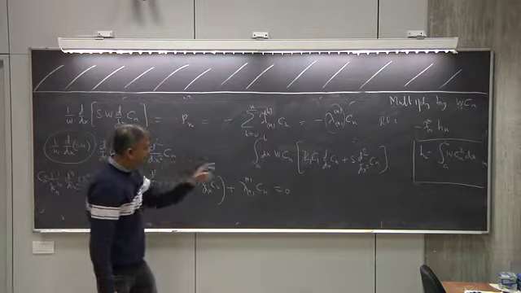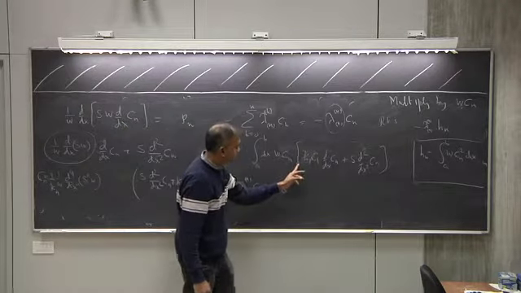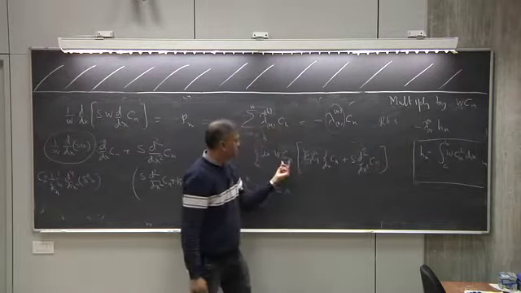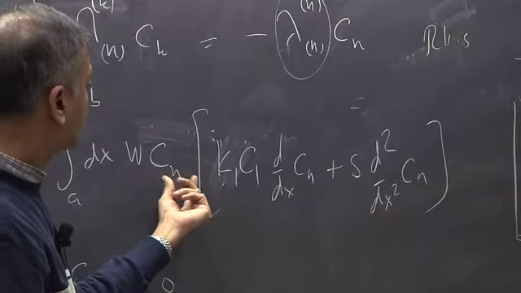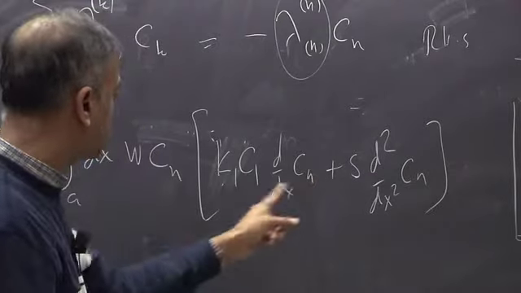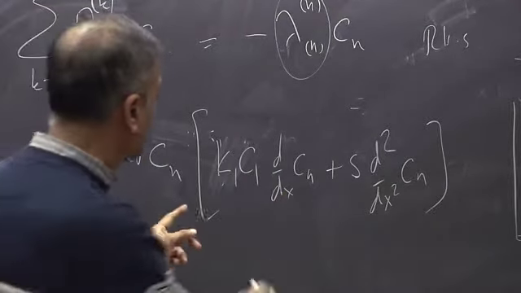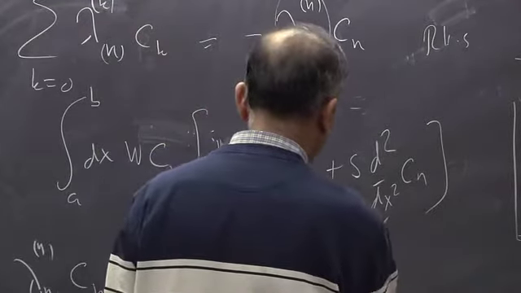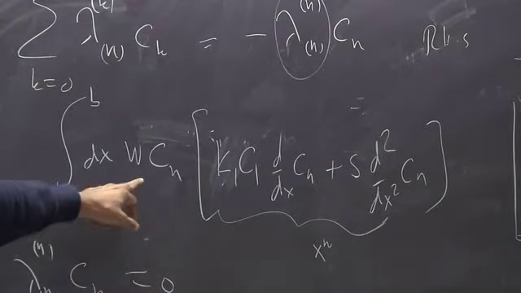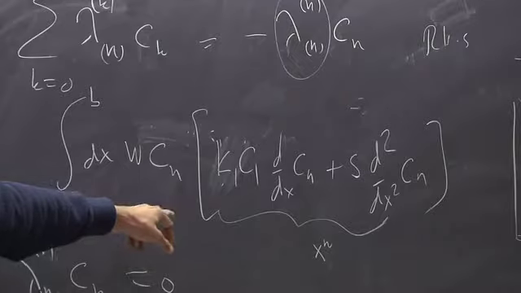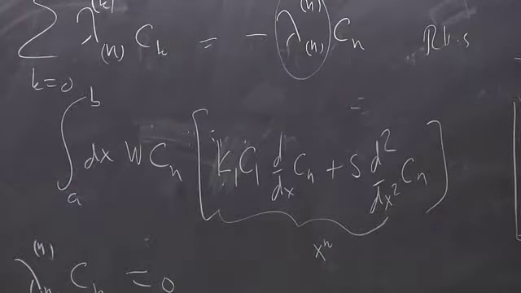Now let's look at this. In the Cn, the only thing which will contribute to this integral is really the coefficient of x to the n power, right? Is that clear?